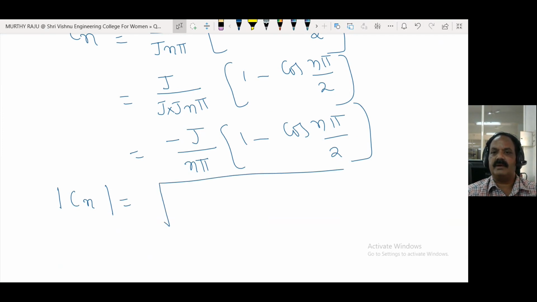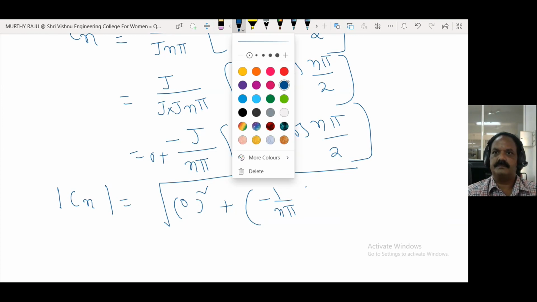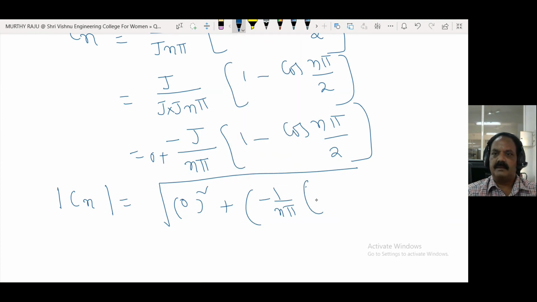That is a square root of real quotient 0 whole square plus imaginary term minus 1 by n pi, 1 minus cos n pi by 2, square.